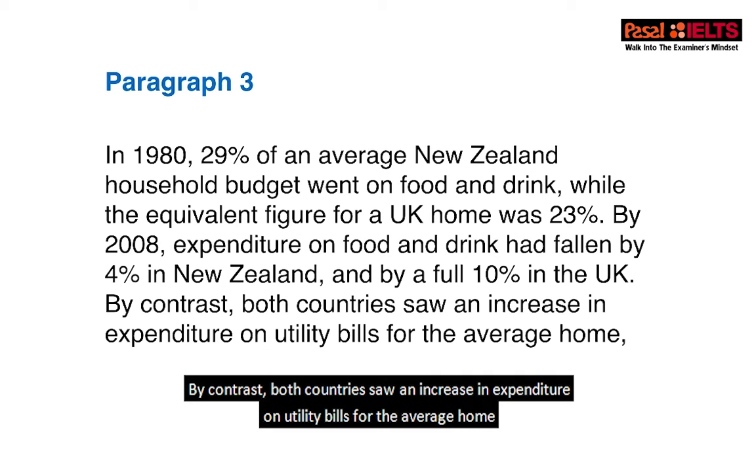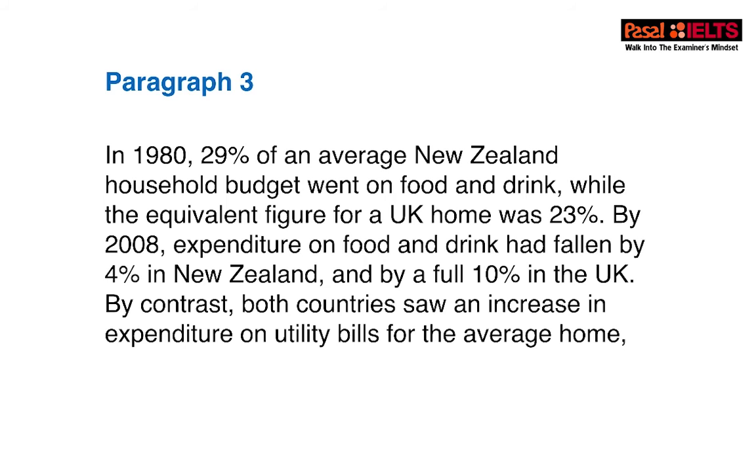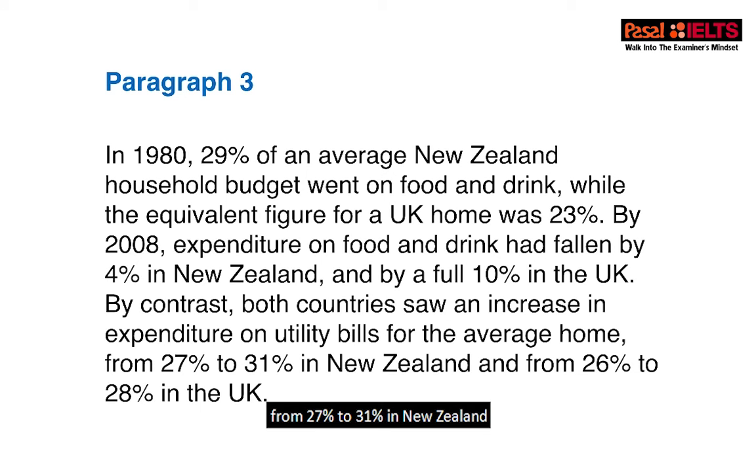By contrast, both countries saw an increase in expenditure on utility bills for the average home, from 27% to 31% in New Zealand and from 26% to 28% in the UK.